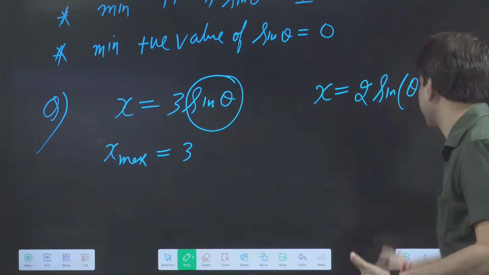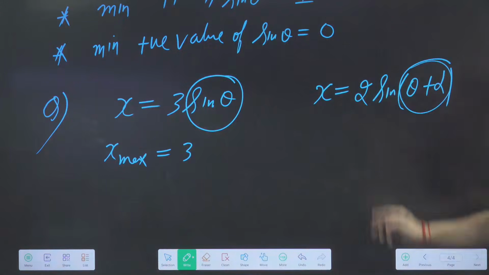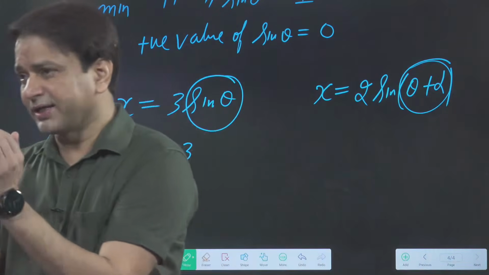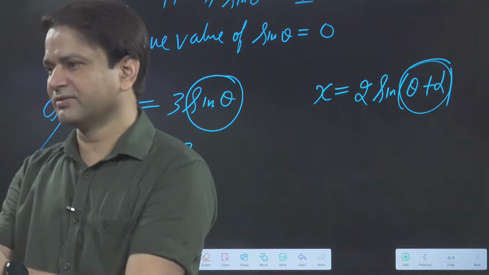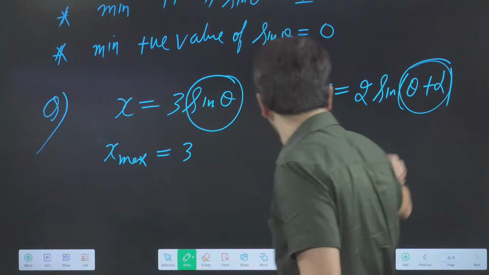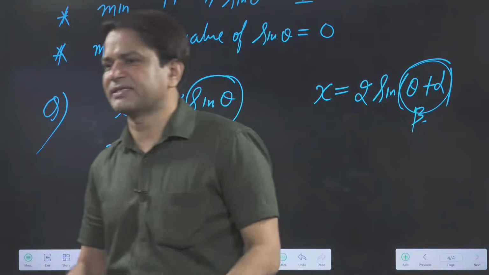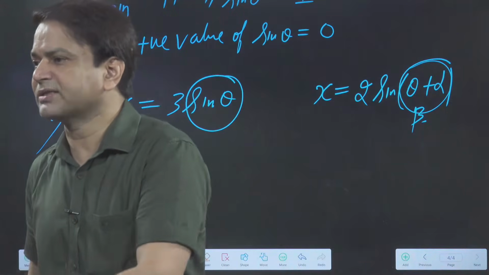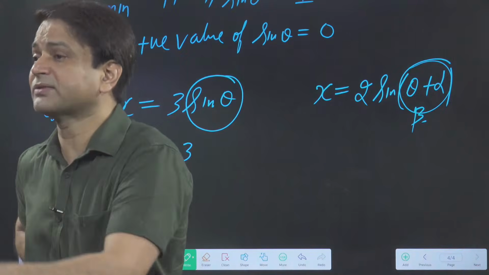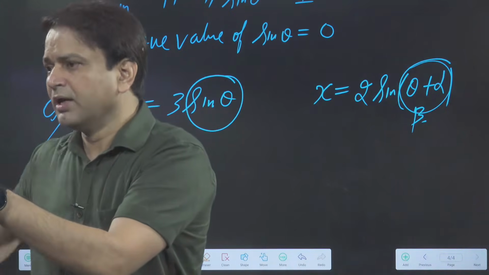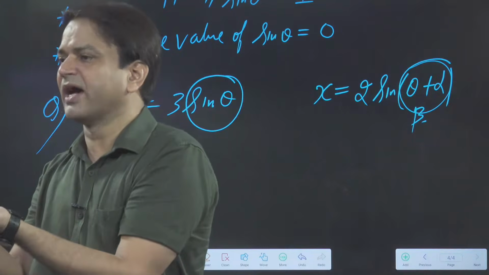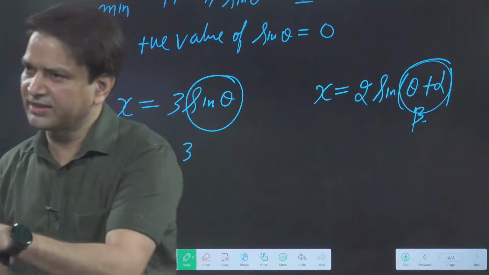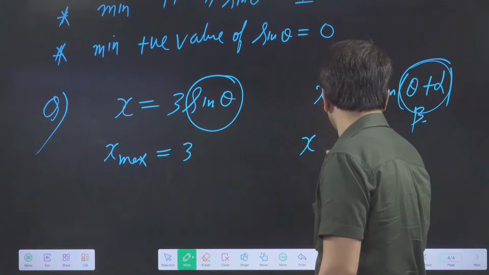So it doesn't matter whatever change I am doing, theta plus alpha, theta plus beta, alpha plus beta plus delta, ultimately that is an angle. I can write theta plus alpha as beta. So sine beta, I don't know what theta is, what alpha is. If theta plus alpha is beta, and I'm asking the maximum value of sine beta, we will say 1. So ultimately theta plus alpha is an angle, and the maximum value we can get for the sine of an angle is 1. So in that case also we will get x max is equal to 2.